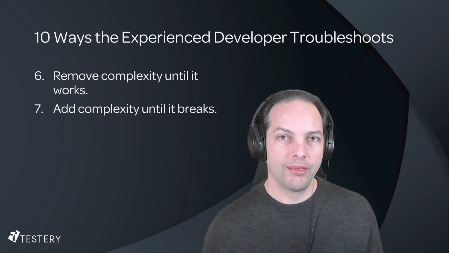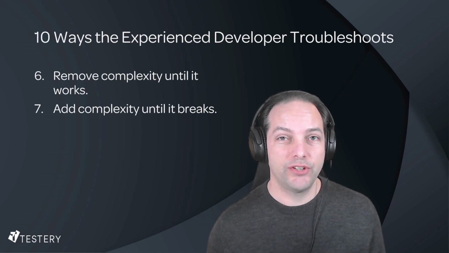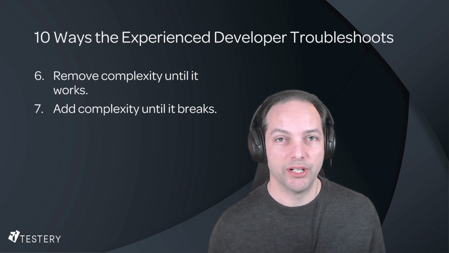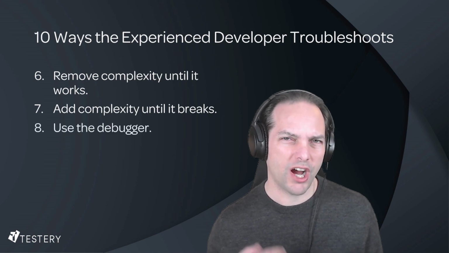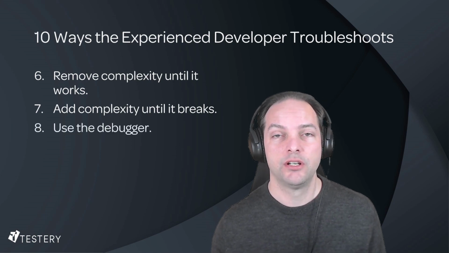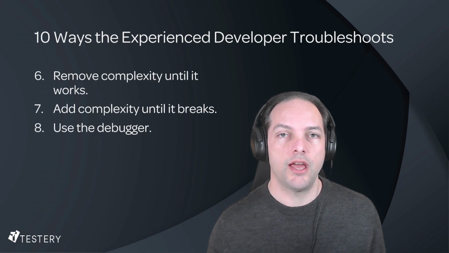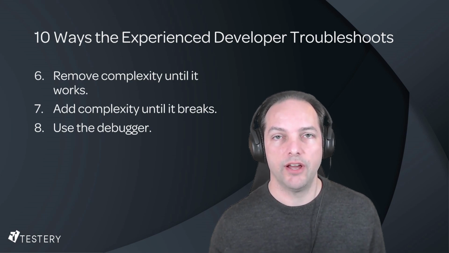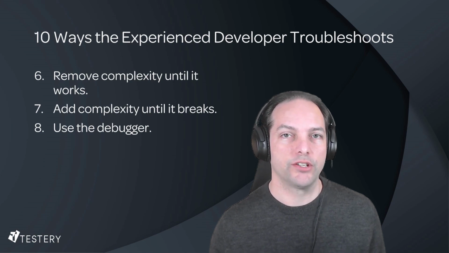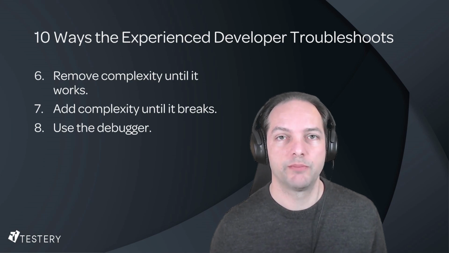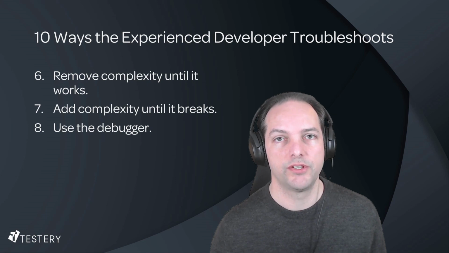We can't talk about troubleshooting without talking about the debugger. Honestly, I'm not a huge fan of the debugger. I got my start in the early days doing test-driven development. And when you do test-driven development and you have automated tests, you don't find yourself using the debugger quite as much because the tests tell you what the code is doing.